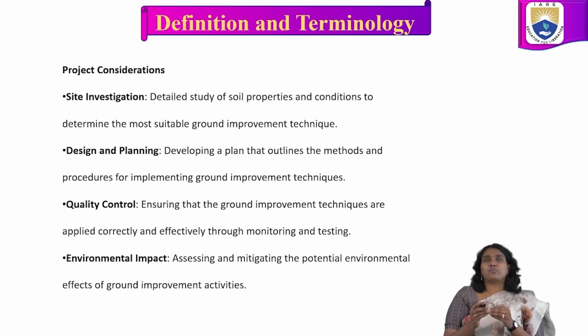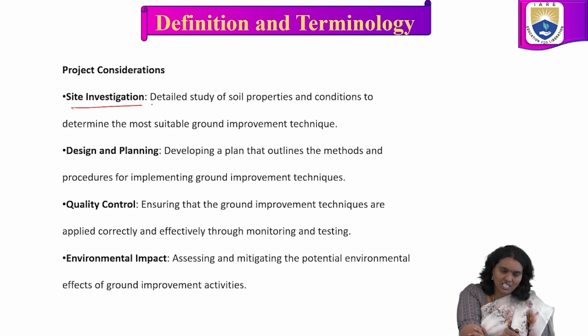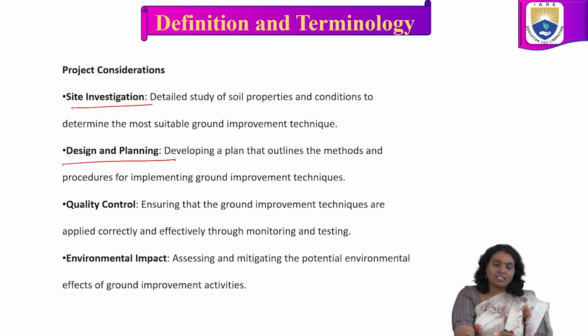Various project considerations are used in all the modules, but I am introducing them here so I don't have to repeat everything every time. In these project considerations we use terms like site investigation, design and planning, quality control, and environmental impact.